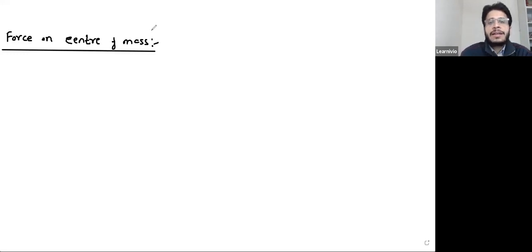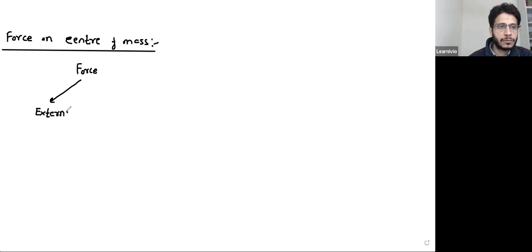So the force acting on the system can be divided into two parts. The force acting on the system could be external force or it could be internal force.